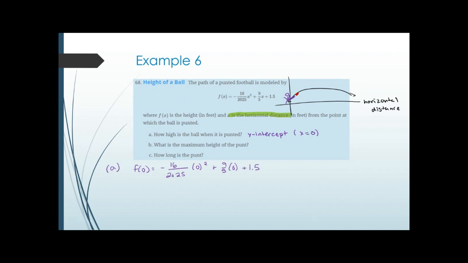So anything times 0 is 0, so f of 0 is just equal to 1.5. And so they're telling us the height is in feet. So it is 1.5 feet high. That's how high the kick is. The football player holds it up, he's holding it 1.5 feet off the ground, and then he kicks it.